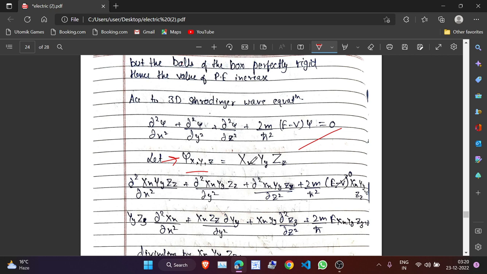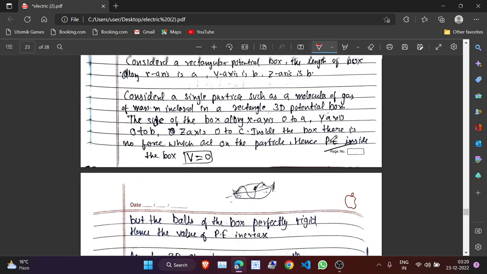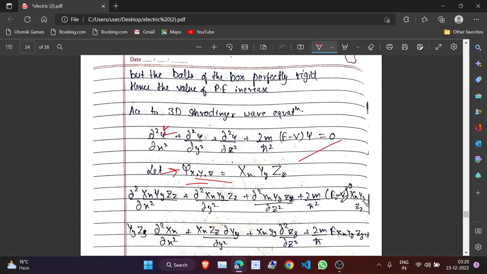We name it as X, Y, and Z, and multiply them, and put the value of this expression in place of psi. So we get d square of XYZ, and this potential energy, as in the box the potential energy is equal to 0, so V is equal to 0.